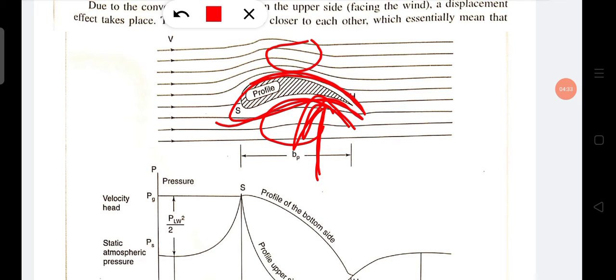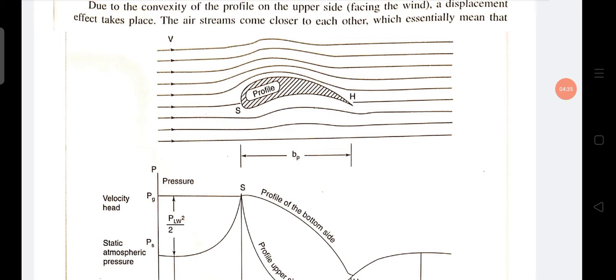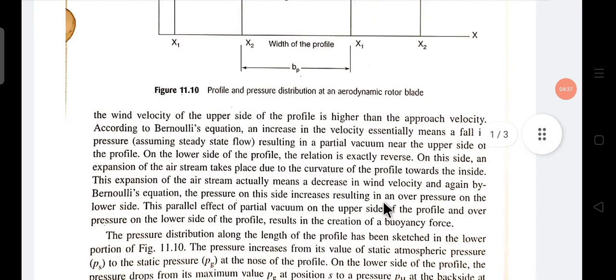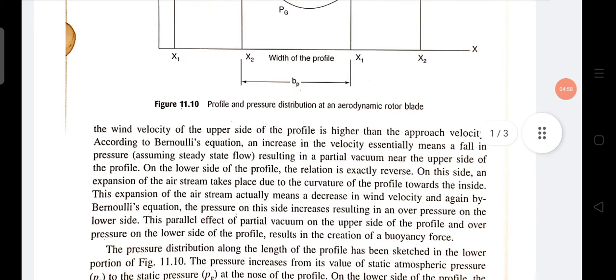This parallel effect of partial vacuum on the upper side of the profile and overpressure on the lower side results in the creation of a buoyancy force. That lifting force is called buoyancy force.